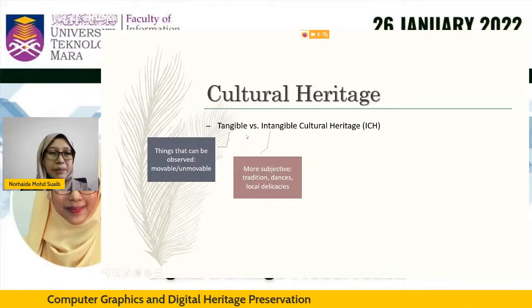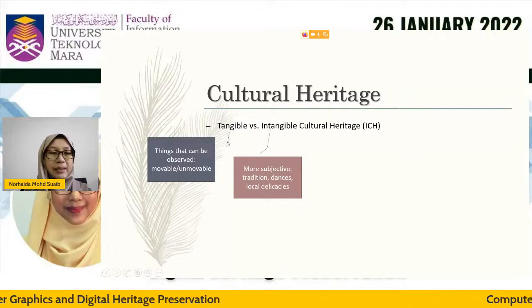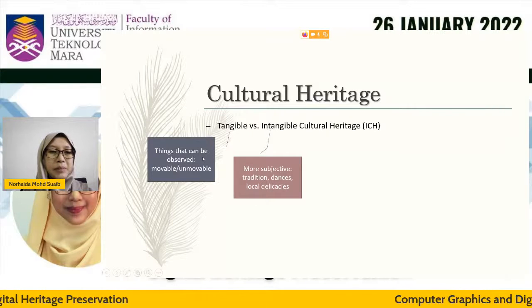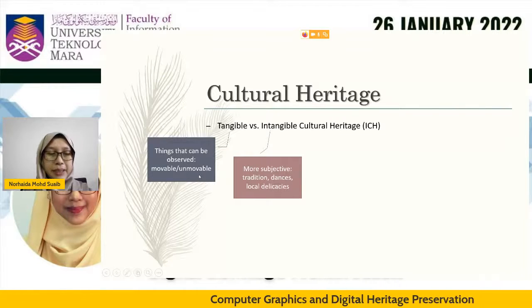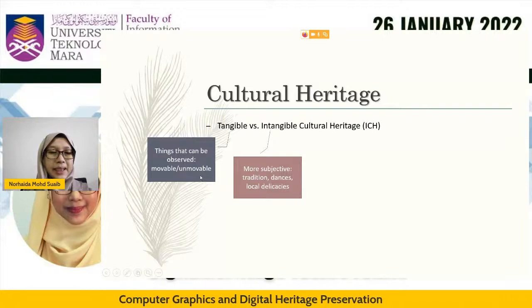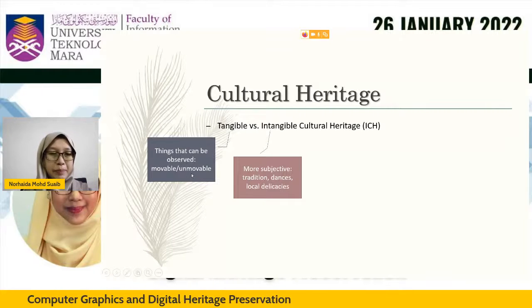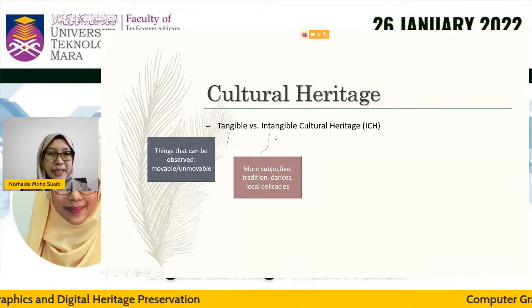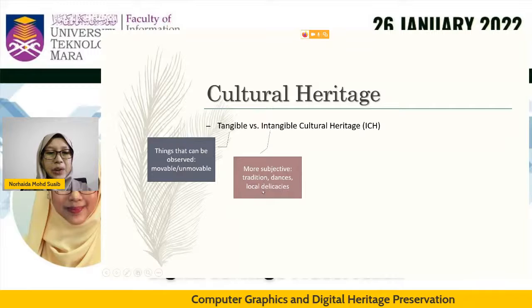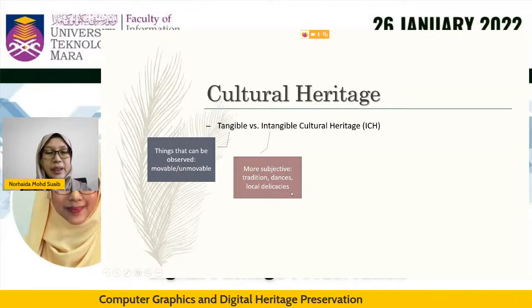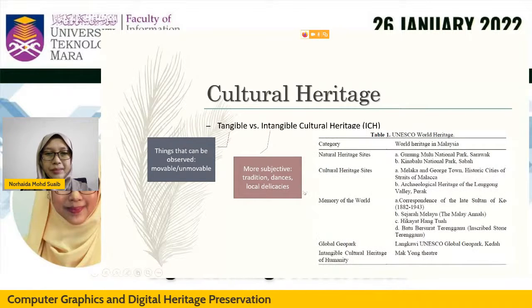Tangible cultural heritage are the things that can be observed, movable or unmovable, such as buildings, monuments, pottery, and everything. But intangible cultural heritage is more subjective. It refers to traditions, dances, local delicacies, and other local rituals.